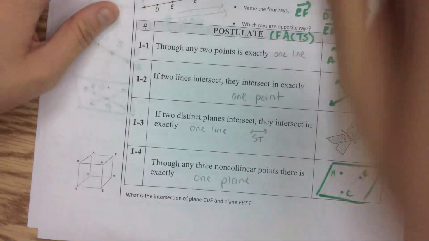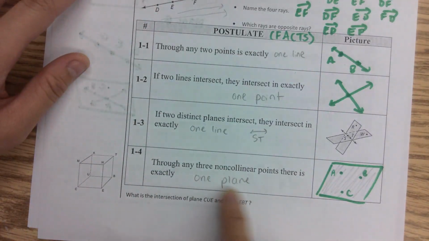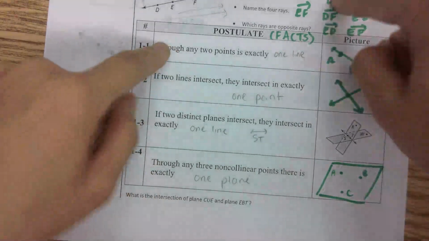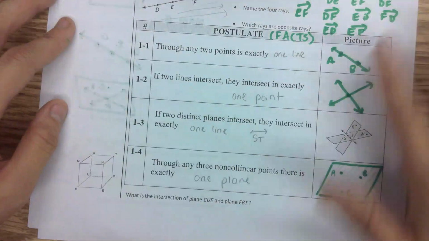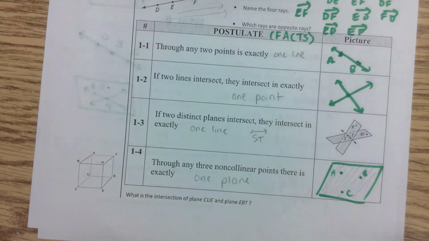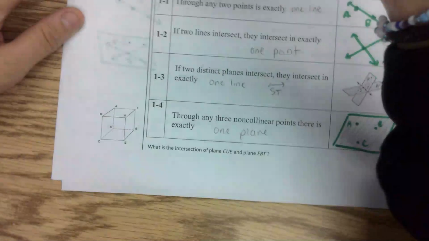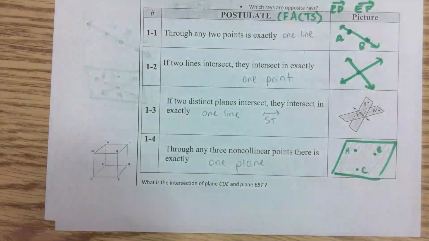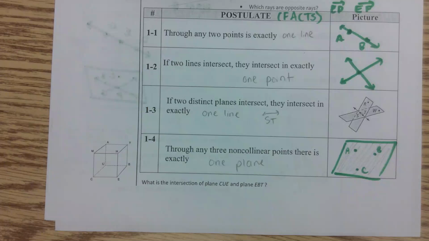So right here is the postulate for it. Through any 3 non-collinear points, there's exactly one plane, right? So if I take 3 points anywhere in the world, they're gonna form one plane. Even if I have a point above my head and then a point in each of my 2 hands, that would form one plane, right? Again, it takes a little bit to get used to the 3D, but I believe in you. You guys got it.